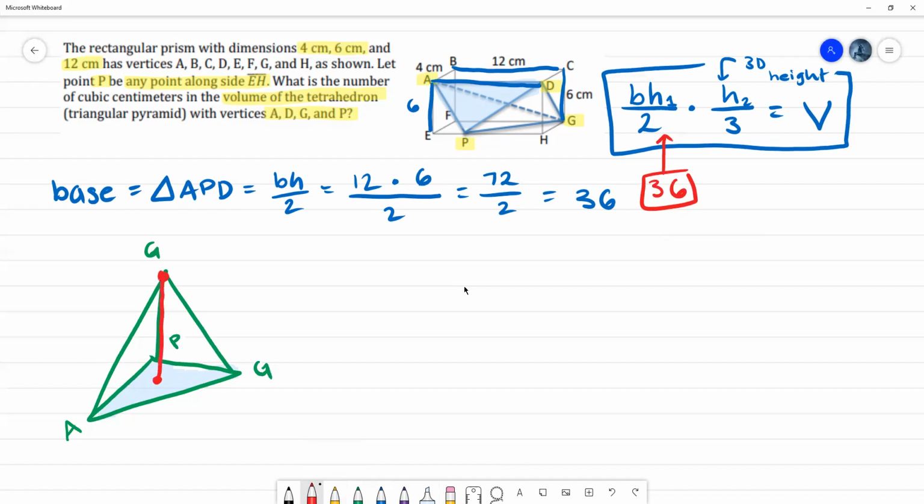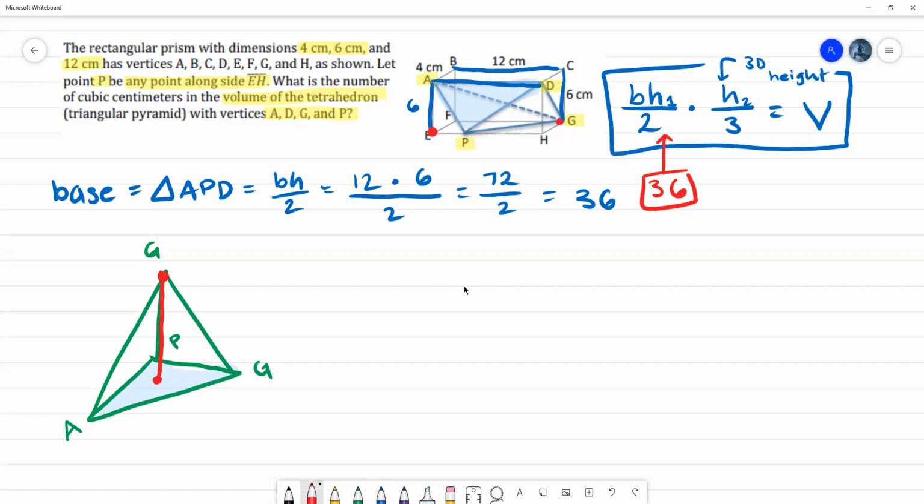This is a part where we need to take visualization a step further. As we can see, point E is on the same face as triangle APD. It's on this face, and that's where the tetrahedron starts, or it's the bottom. And we can see that point G is the very top vertex of the tetrahedron, and that's also where it ends.